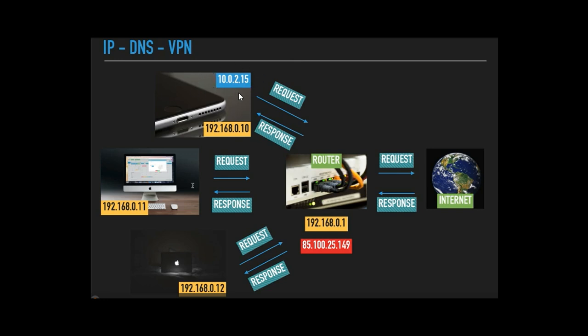Your device will have its own local IP as well. As you can see, for this mobile phone, the local IP is 10.0.2.15. But it is showing another IP right here. Now, this is going to be the public IP address that the router assigned to this device from its own parent IP.